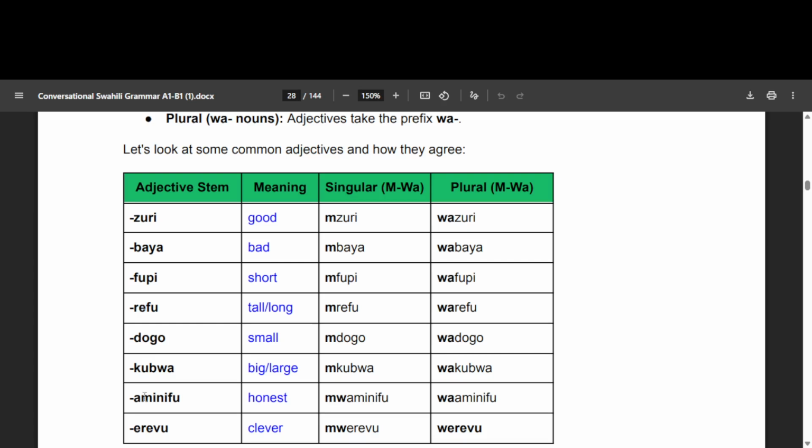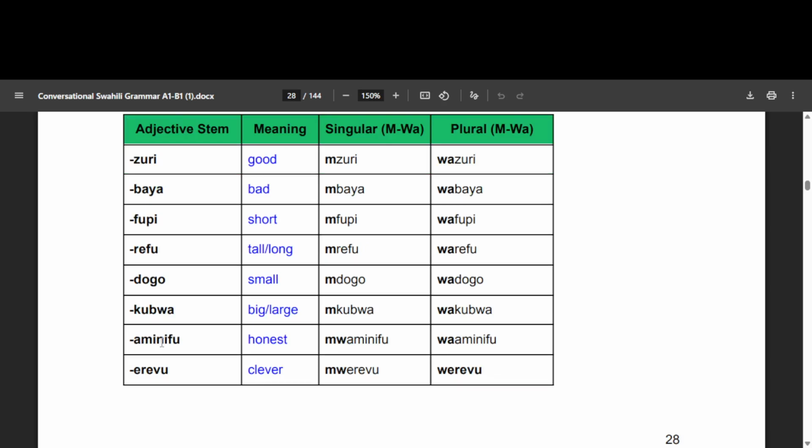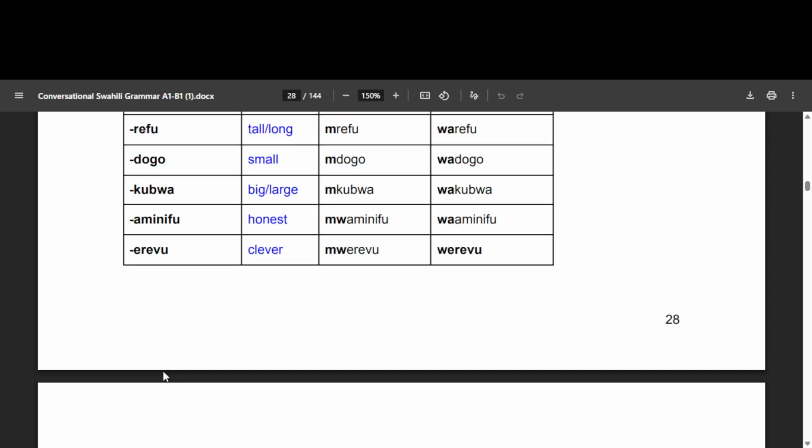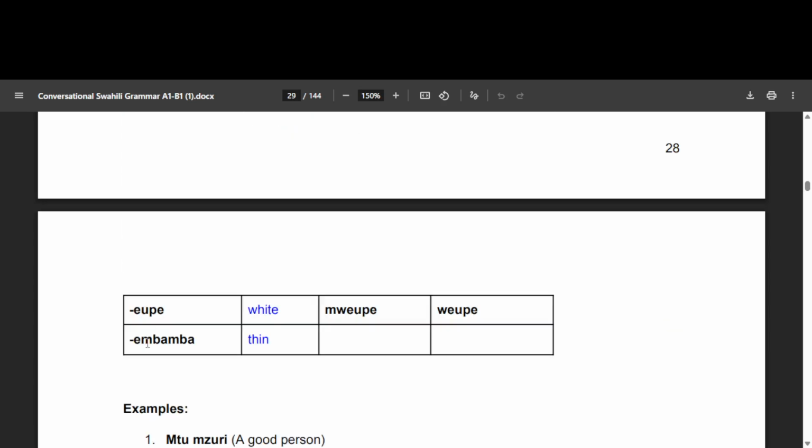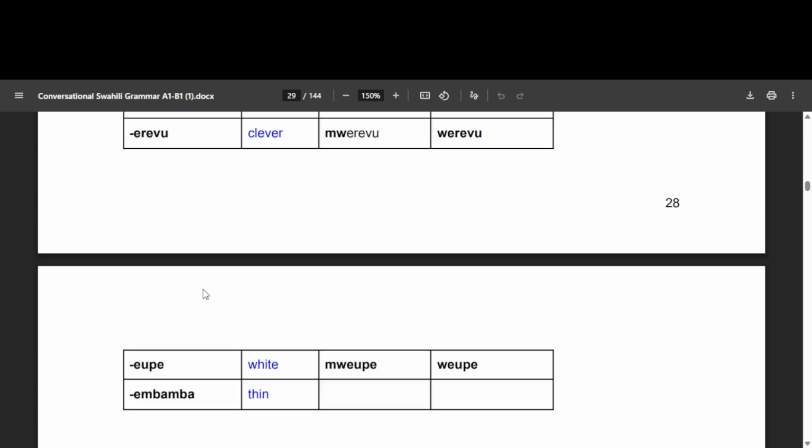Aminifu starts with a vowel, so we'll take MW instead. Erevu also a vowel. Eupe also a vowel. Embamba also a vowel. The three main colors: eupe white, eusi black, ekundu red. They start with a vowel. So when you're describing something like that, it starts with MW for a person or for any noun in Mu-A class.